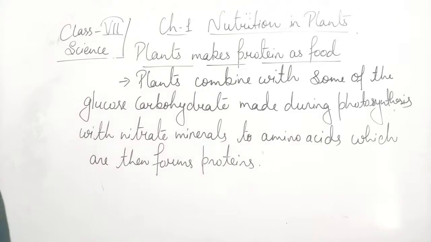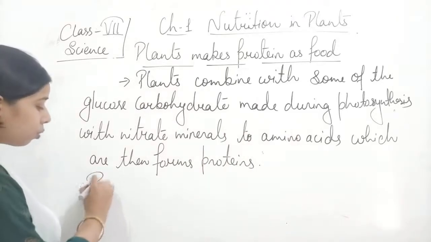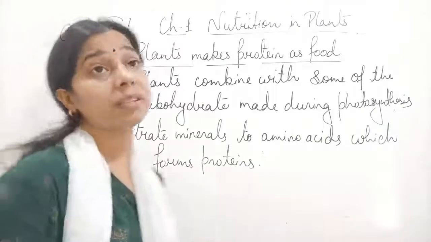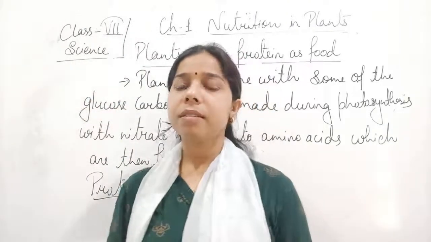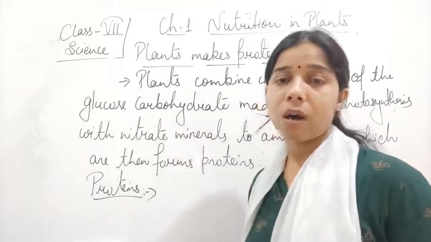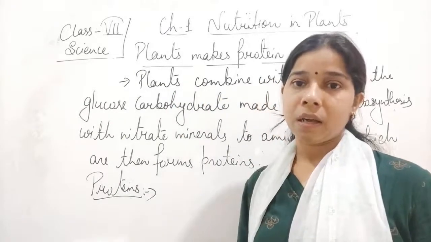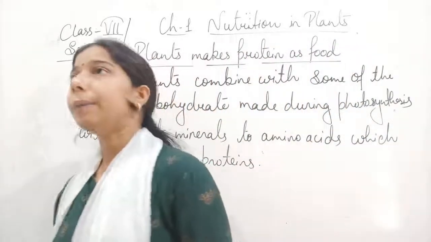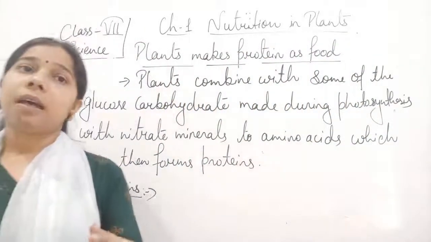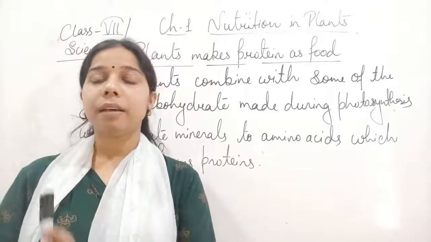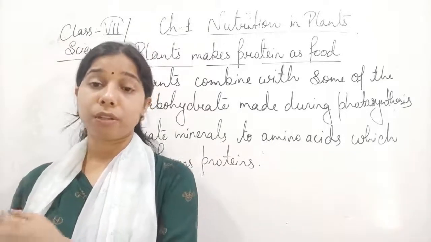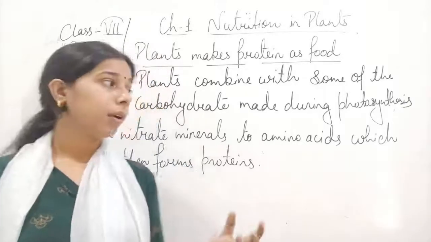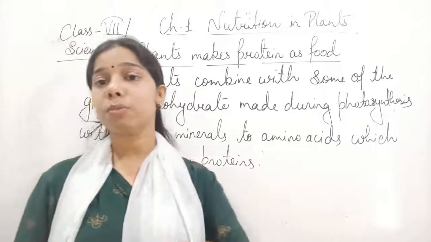Now, if we talk about protein, protein itself is a nitrogenous substance. It means it is a substance which consists of nitrogen. Plants are not able to get the nitrogen as it is, or we can say the plants are not able to make the protein directly.